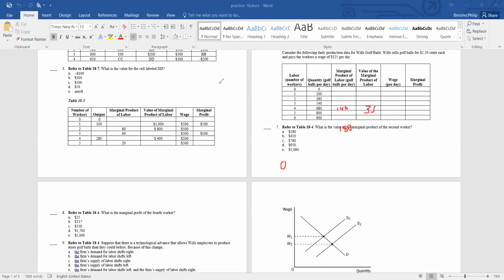And I got that from going 680 minus 540 got me the MPL of 140. They gave me the price of 250. So 140 times 250 gave me 350, and they gave you the wage of 325. And again, the wage would be 325 for all of them. Any other questions?